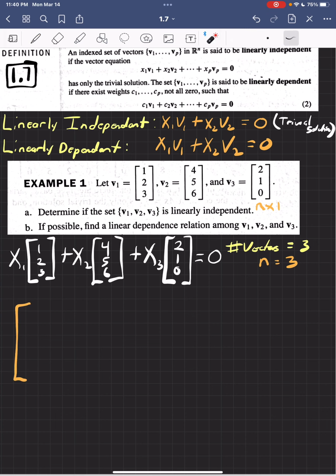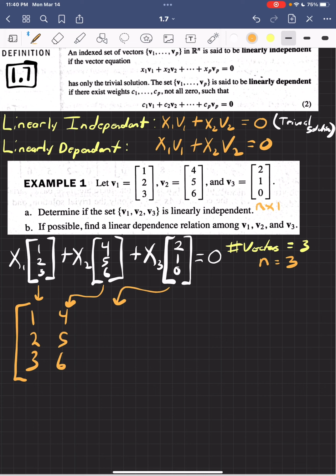So just so you know that the columns of the matrix are going to be formed from the vectors. I'll say that again. So our column 1 in this matrix is going to be formed from the first vector, 1, 2, 3. The second column of this matrix is formed from the next vector.